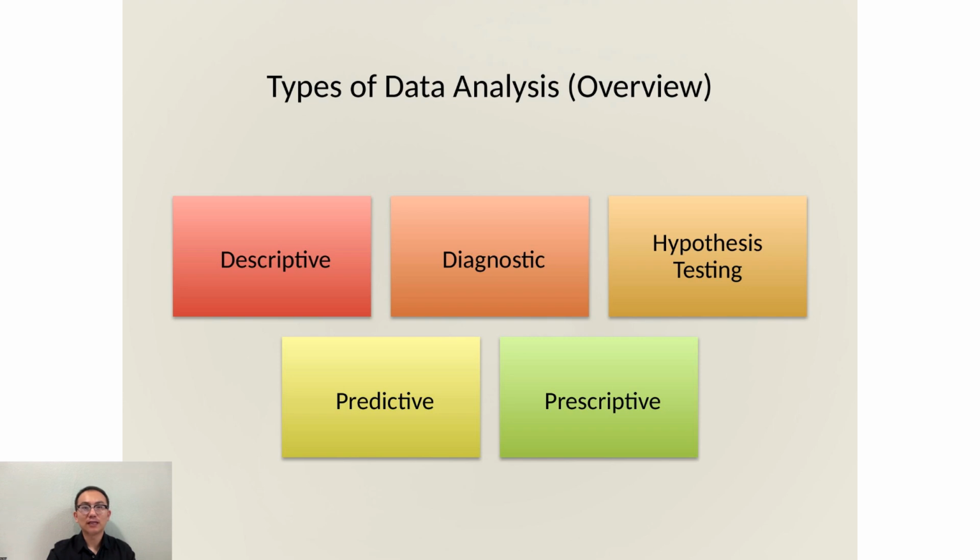Once we've explored the data, we move on to hypothesis testing to see if our observations hold up statistically. Then, predictive analysis helps us look ahead, and prescriptive analysis tells us what actions to take based on those predictions. So overall, it's a journey from exploring the data to making data-driven decisions.